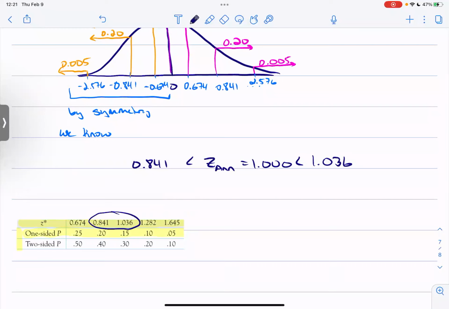So what I do is I write the one-sided P, or the area in the tail, or the probability or the proportion, as somewhere between 0.15 and 0.20. Notice that we have to write them in ascending order, or you can flip the inequalities.